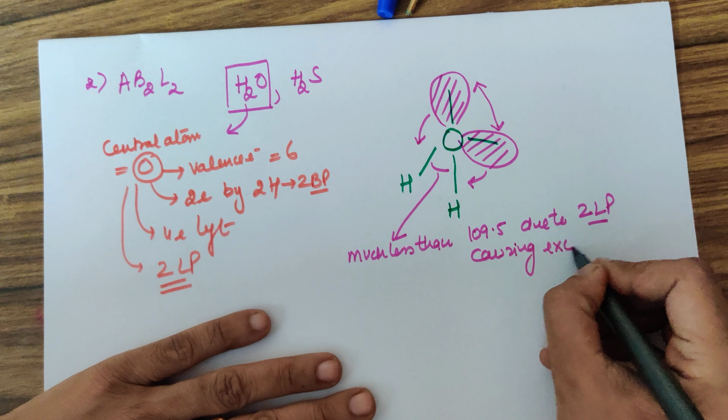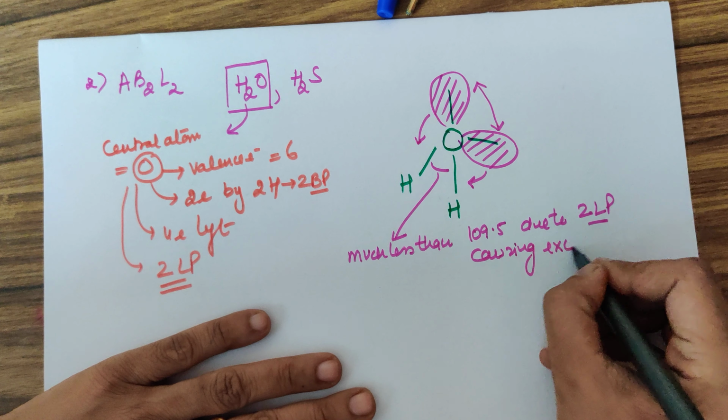The similar case, when you talk about the geometry in this case, as I already said, the geometry will include bond pairs and lone pairs both. So the geometry is distorted. Distorted tetrahedral. It is not a normal tetrahedral with an angle of 109.5. It is distorted because the angles have reduced.